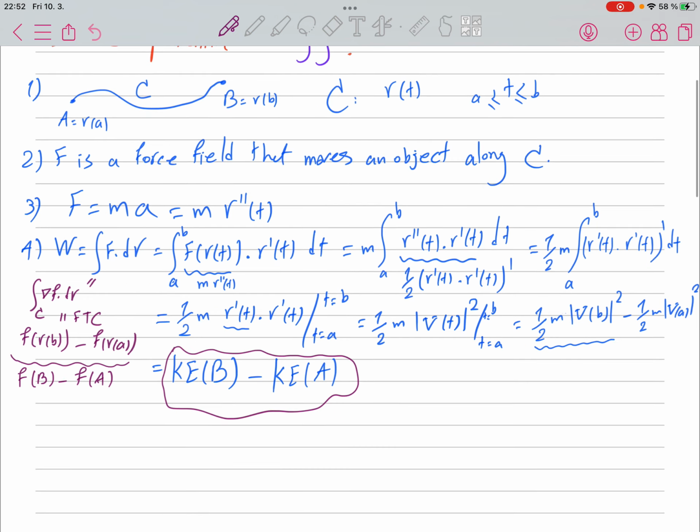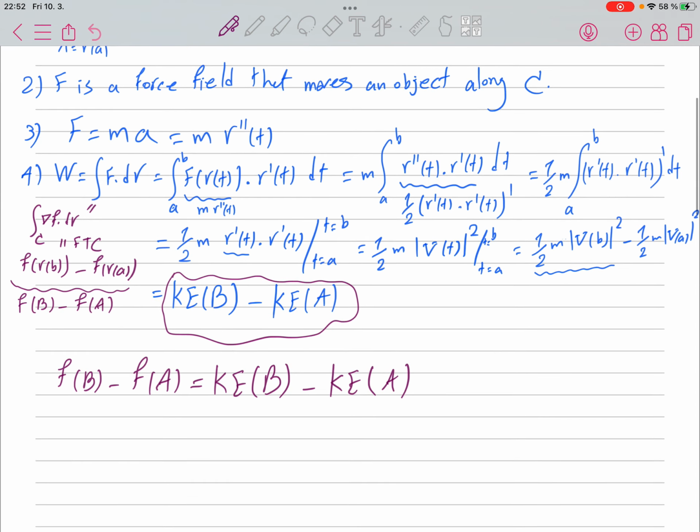So, okay, what do we get so far? We get f of b minus f of a is equal to the kinetic energy at b minus the kinetic energy of the object at a.